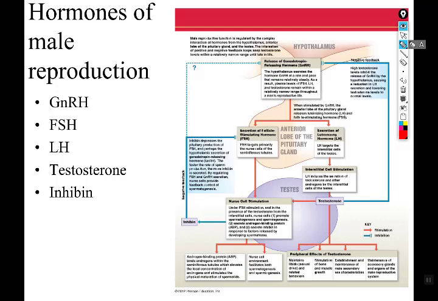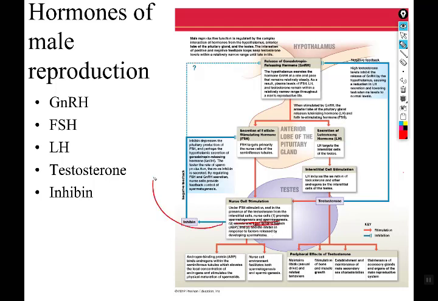So we've got release of gonadotropin-releasing hormone coming from the hypothalamus. And that is going to stimulate follicle stimulating hormone secretion and luteinizing hormone secretion. So as I mentioned, FSH is going to basically stimulate the nurse cells to promote spermatogenesis and spermiogenesis, and also secrete androgen-binding protein and inhibin.